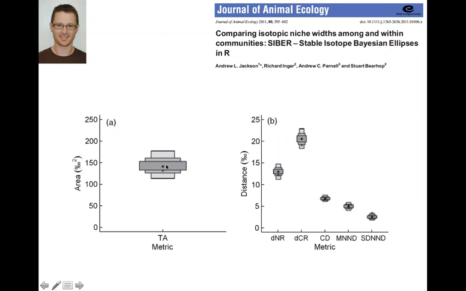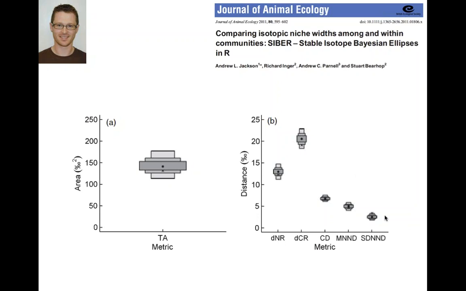And this again is the same plots that I discussed yesterday, where you've got the mode value at the center, 50% credibility limits, 75% credibility limits, and 95% credibility limits. So what that means is that you can characterize your niche width or your food web size, or whatever metrics you want to look at, with an element of error.